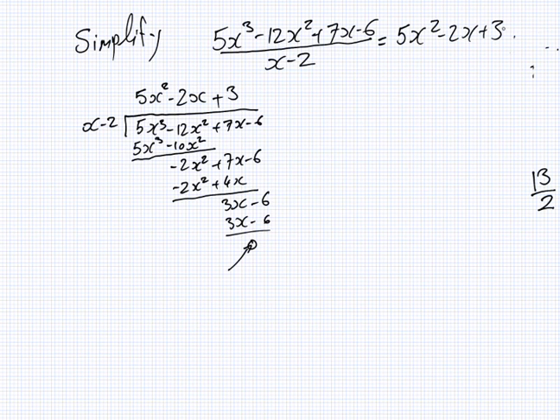You're allowed to do that because it's a factor and the remainder is 0. If you had a remainder, then you couldn't do this. So for all these examples, I made them all be factors, so you could do it.